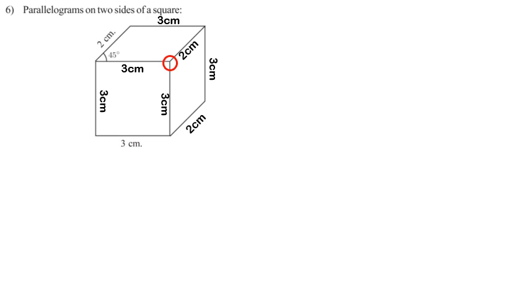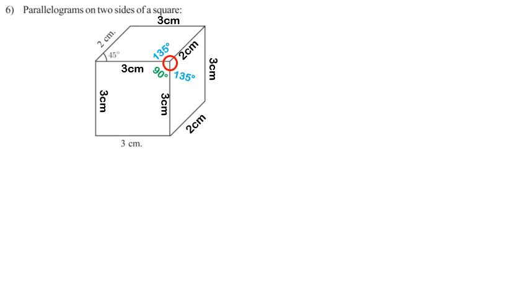We know the sum of angles around a point is 360 degrees. This point is the joining point of one vertex of a square and two other vertices of a parallelogram. So the angle of the square is 90 degrees. So the sum of the remaining angles is 360 minus 90, that is 270 degrees. So the two equal angles of the parallelogram are 270 by 2, which is equal to 135 degrees each.